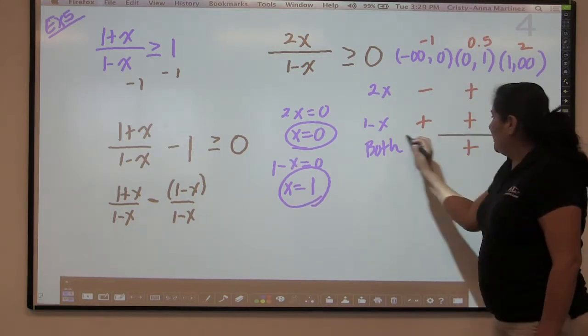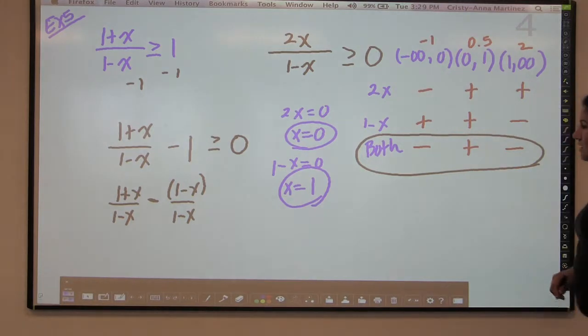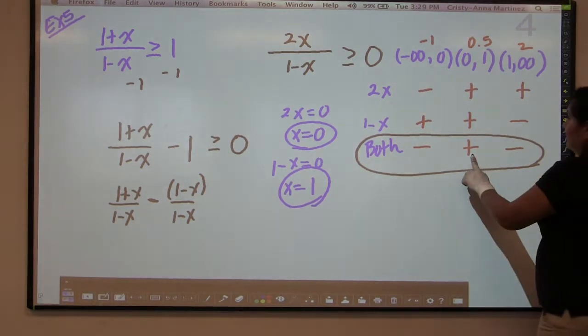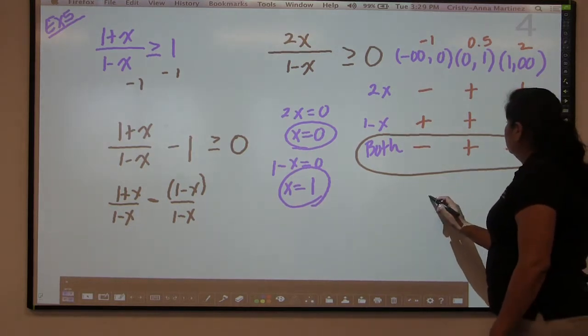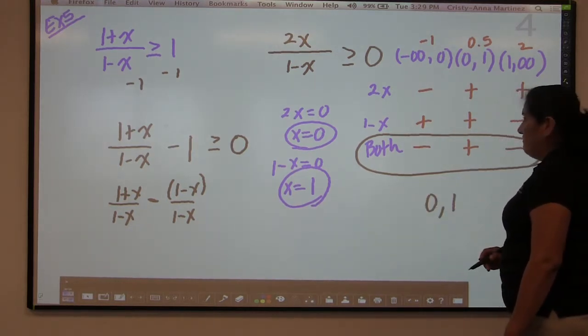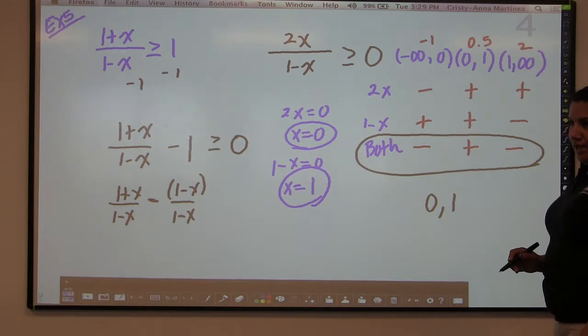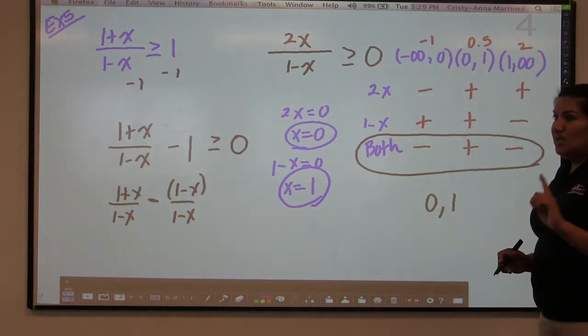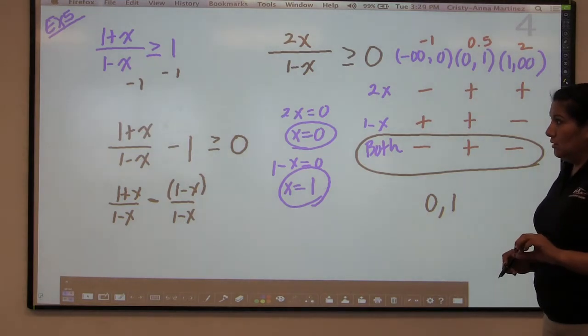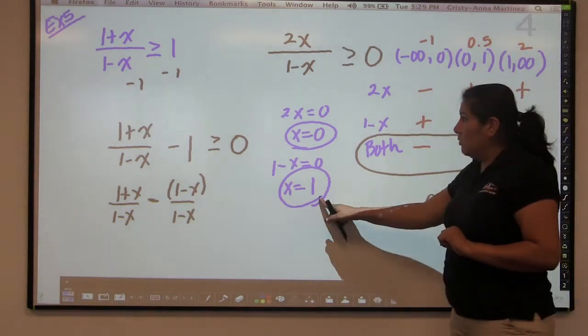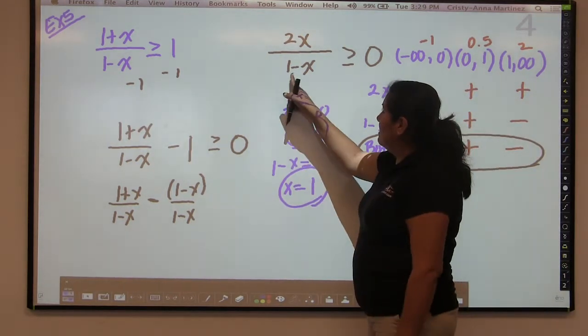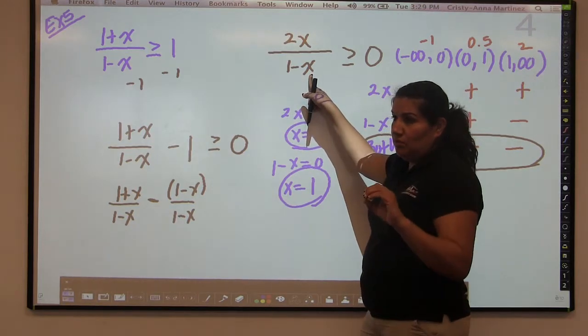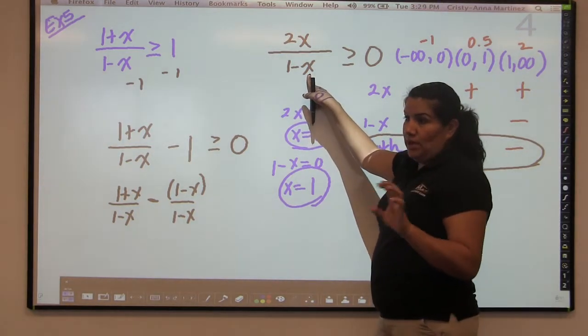For our final answer, we're looking at this. It's a cubic. So we want to know when it's going to be greater than 0, so we want just this. So it's going to be 0 to 1. And then be very careful, because we cannot allow division by 0. Even though it says equal to, if we allow x to be 1, then we're going to have 1 minus 1, which is division by 0. We cannot allow x to be 1.